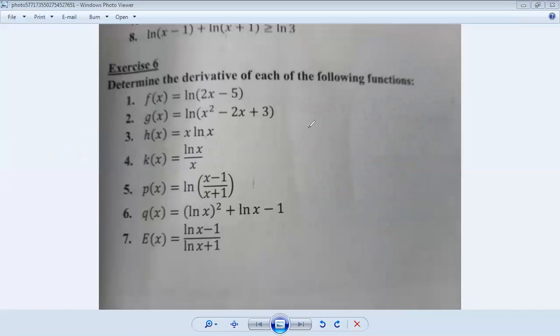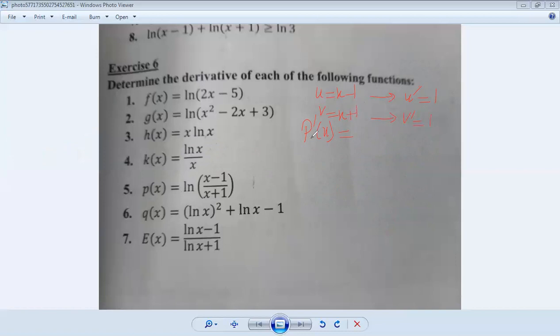If x minus 1 is u, then u prime is equal to 1. v equals x plus 1, then v prime, the derivative of x plus 1, is also 1.